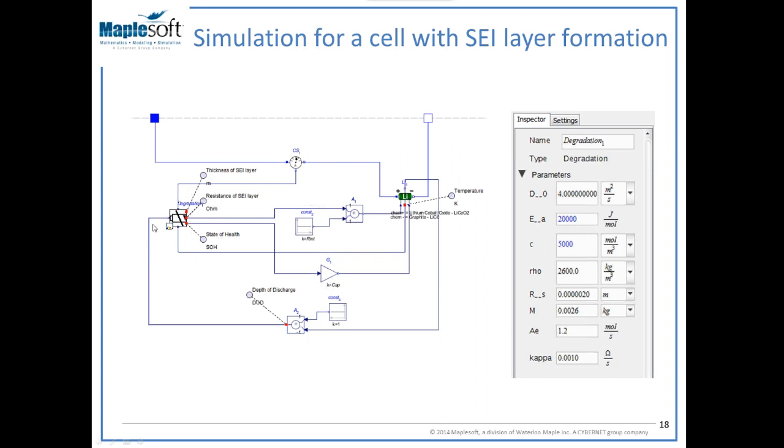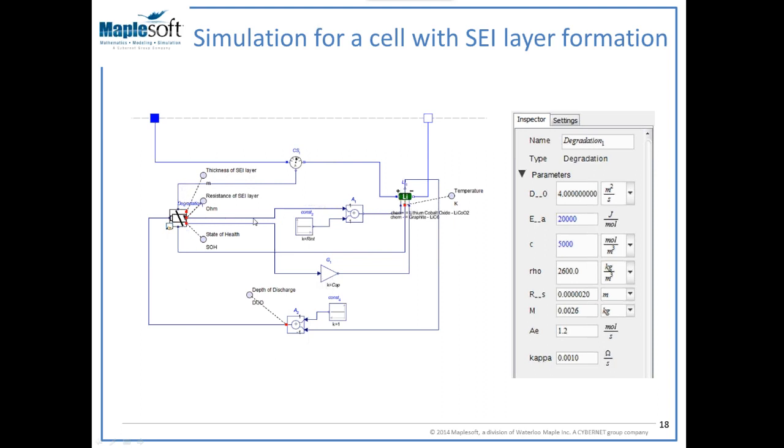This is a MapleSim custom component which consists of the equations that describe the degradation of the battery, or formation of the SEI layer, depending on the applied current, thermal, and depth of discharge.